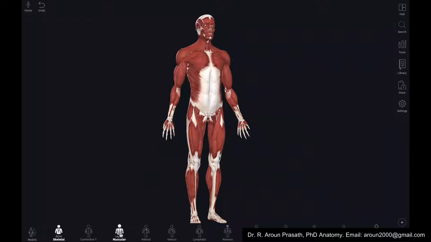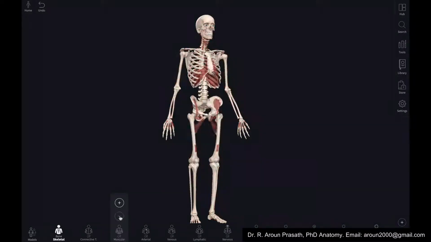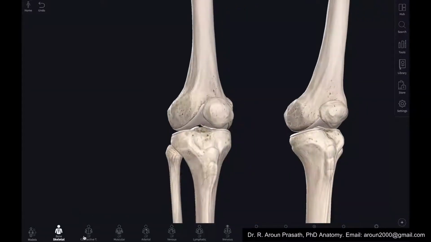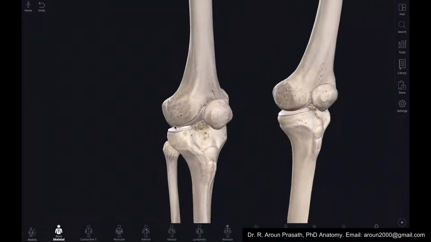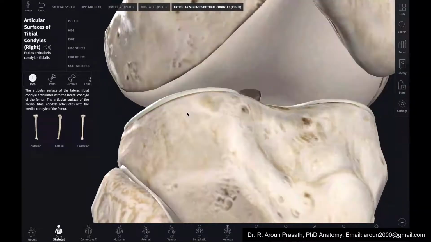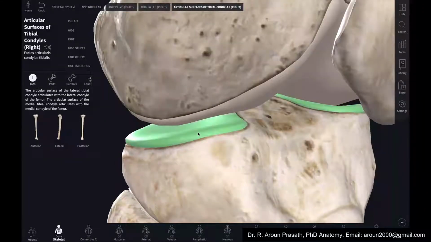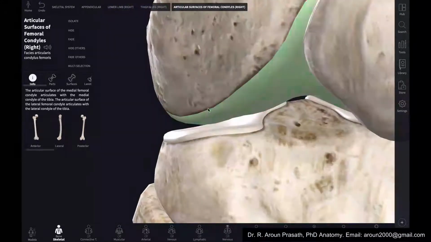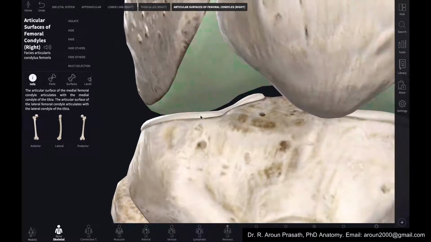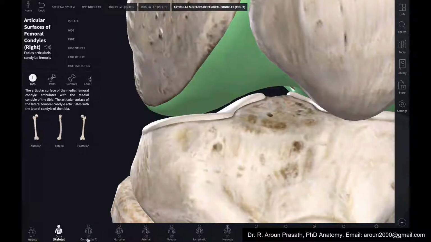So coming to the ligaments of the knee joint, the main thing you have to understand here is the menisci. This is the tibia articulating surface and this is the fibular articulating surface. In between there are two moon-shaped, half-moon, lunar-shaped fibrocartilaginous discs. We call them the menisci.